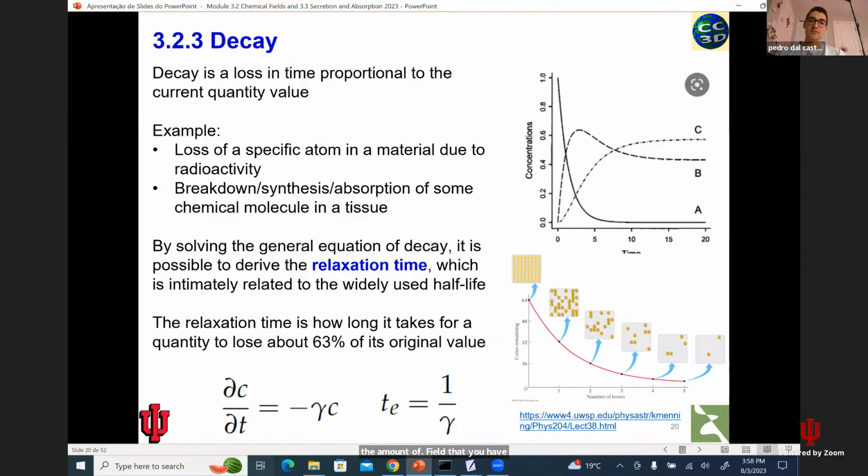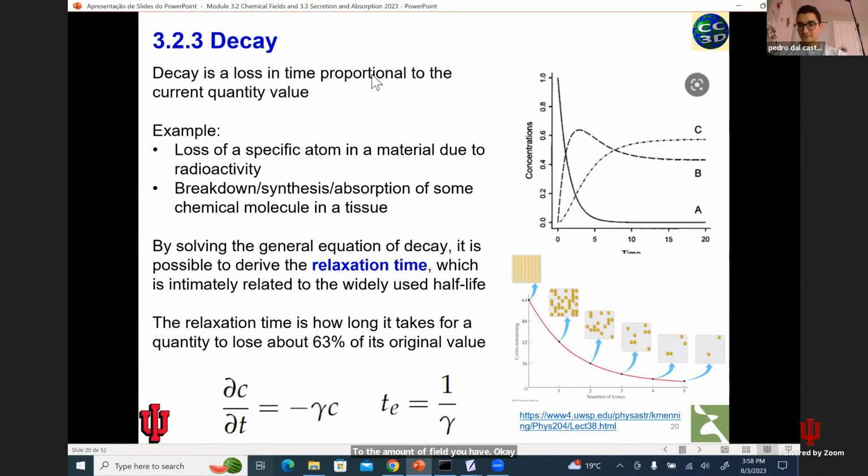So in the case of a radioactivity sample, for example, the more you have of this radioactive sample, the more it will decay. And as you lose it, less it decays. So there's a proportionality between the rate at which you lose your field in time and the amount of field you have. Okay.